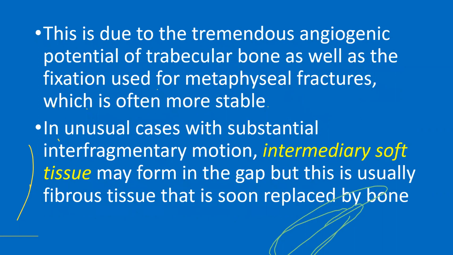This is due to the tremendous angiogenic potential of trabecular bone, as well as the fixation used for metaphyseal fractures, which is often more stable. In unusual cases, with substantial interfragmentary motion, intermediary soft tissue may form in the gap, but this is usually fibrous tissue that is soon replaced by bone.